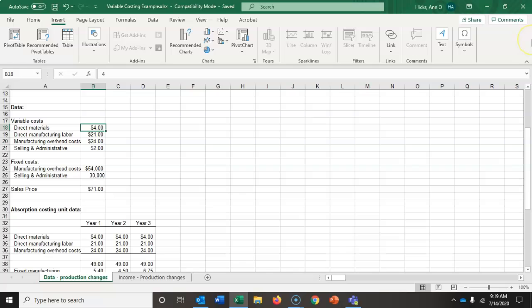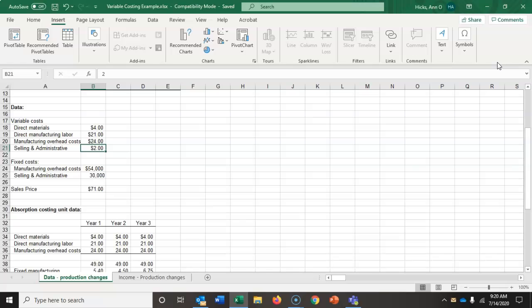Variable costs we're going to assume are $4 for direct materials, $21 for direct manufacturing labor, and this is $4 per unit, $21 per unit. Manufacturing overhead is $24 per unit, and selling and admin, $2 per unit.